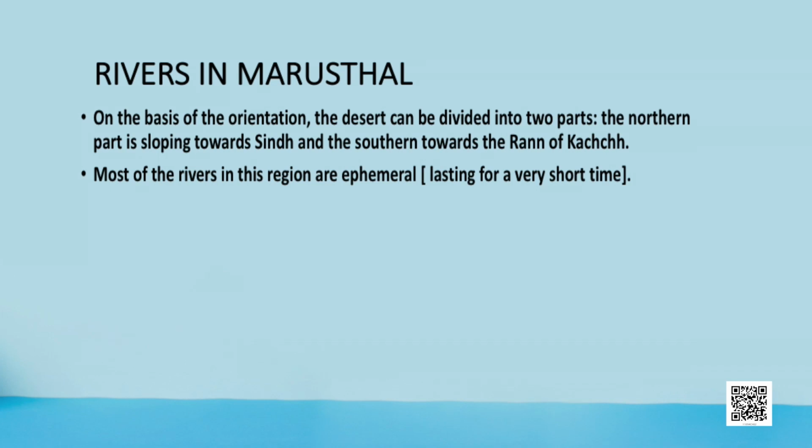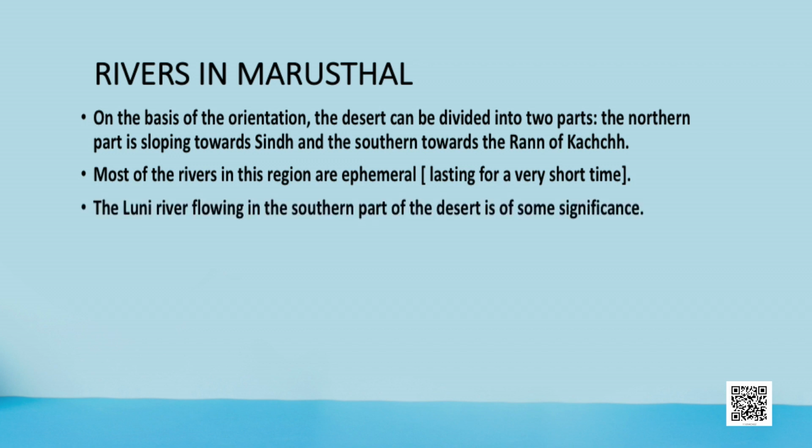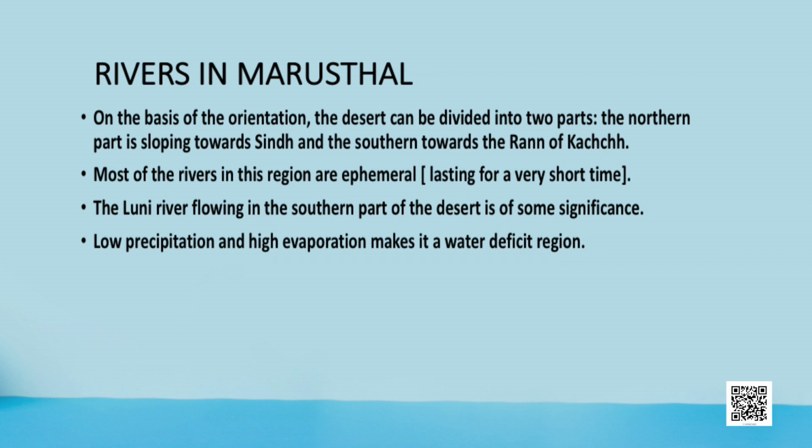That means they do not last for a long time. They dry up very quickly. The Luni River, flowing in the southern part of the desert, is of some significance. Low precipitation and high evaporation make this region a water scarce, water deficit region.